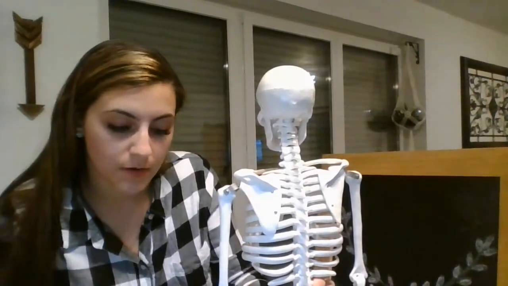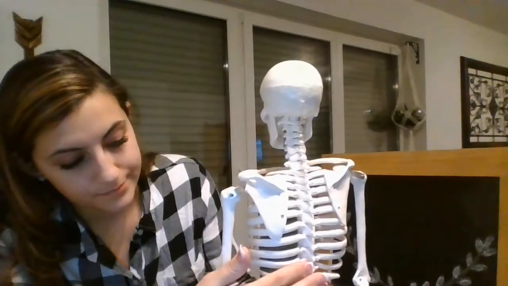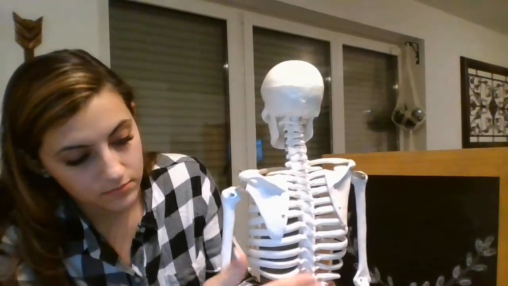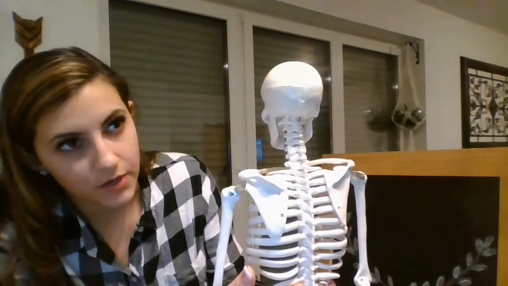Next is the lumbar vertebrae. So the lumbar vertebrae, the region and location is the base of the spine, right here, and that's going to be L1 through L5.